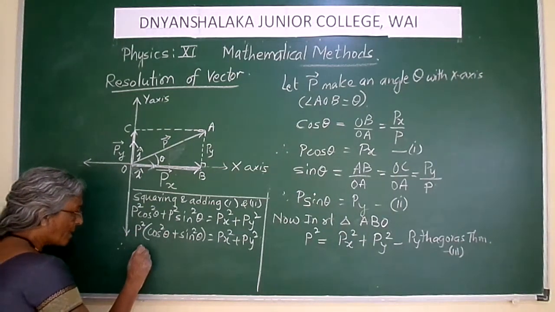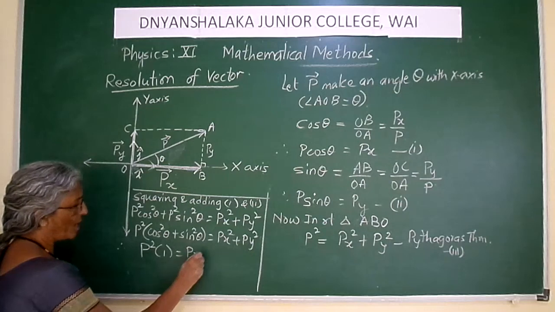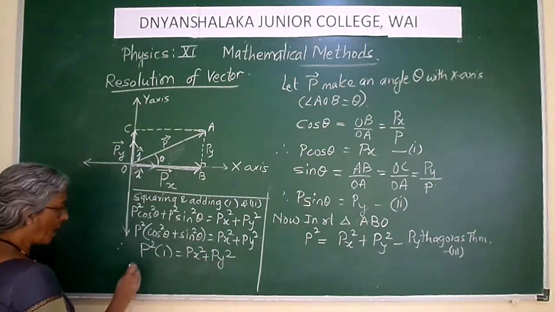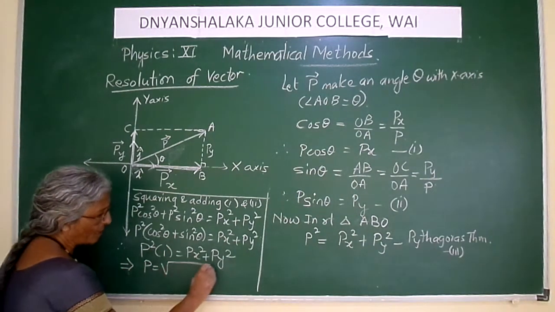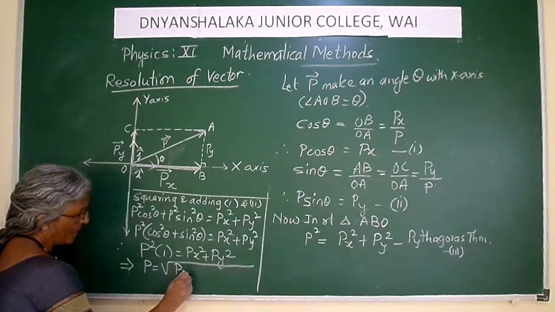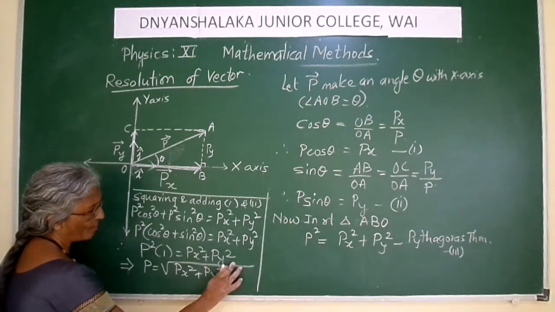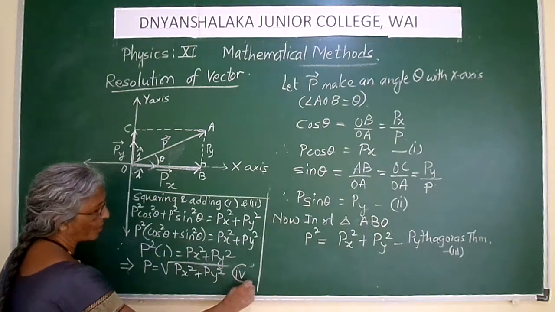So I get p square into 1 is equal to px square plus py square. Okay, that implies p is equal to under root px square plus py square. Okay, this is equation number 4.